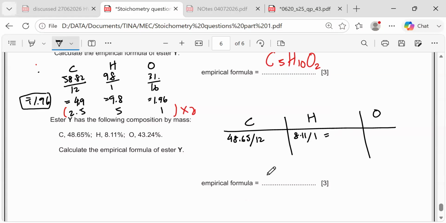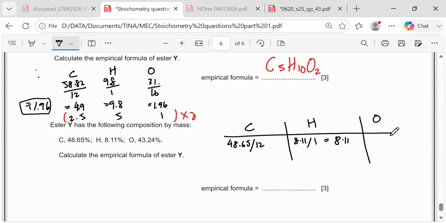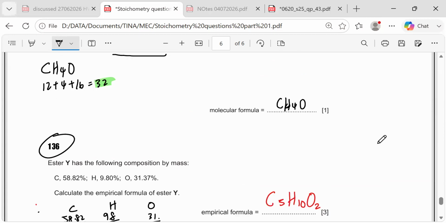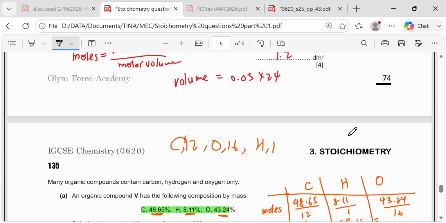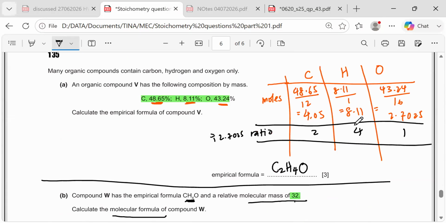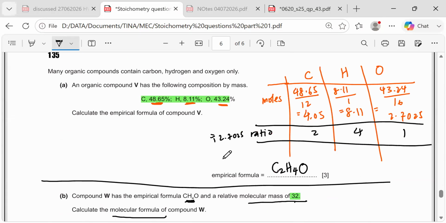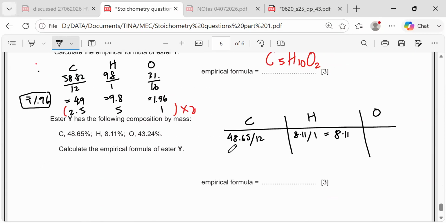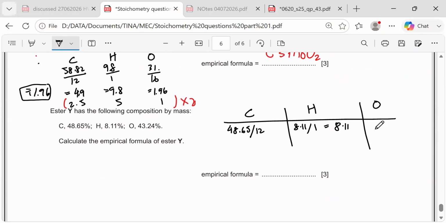Wait, this one also C5? Question 135. Oh, C2H4O. The answer is different. Let me count.